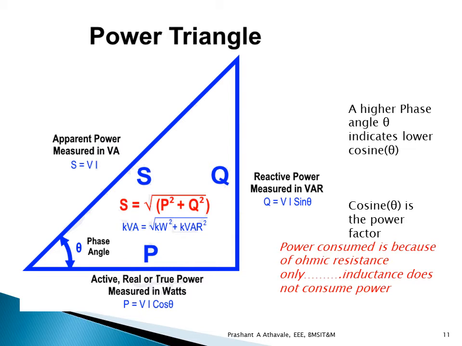Now, how is this theta dependent on the impedance and the reactance? If reactance is very large, obviously theta will be very large. If resistance is comparatively lesser than XL, then theta will tend towards 90 degrees.